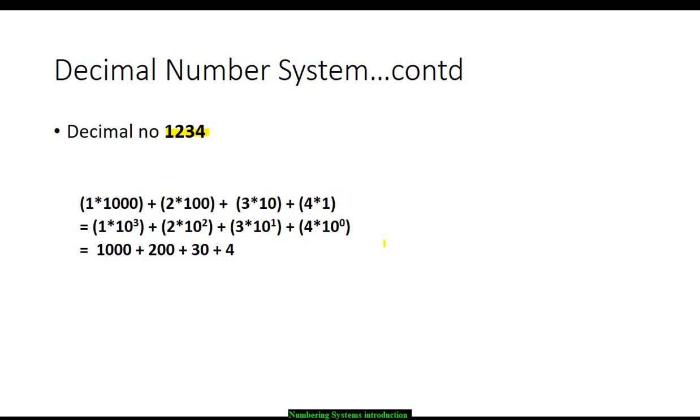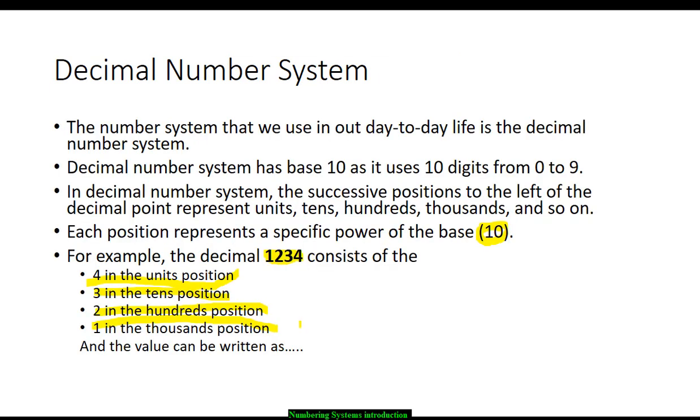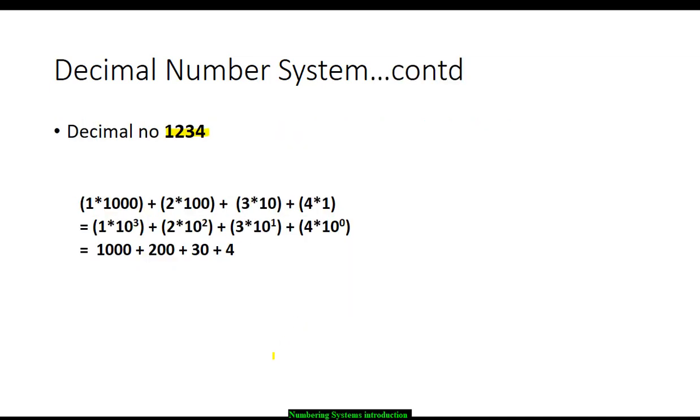but you know that the value can be written as that, right? So if you had to convert this, you then basically look at it as 1 times 1,000, 2 times 100, 3 times 10, 4 times 1, right? That is how your base 10 works.